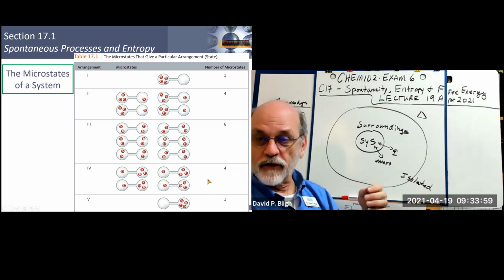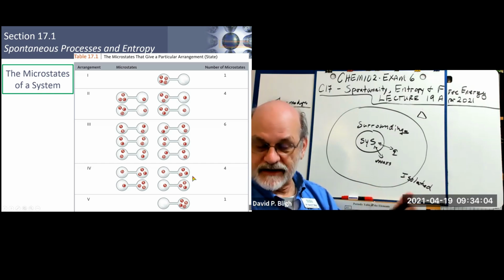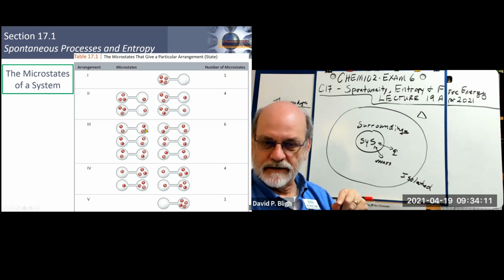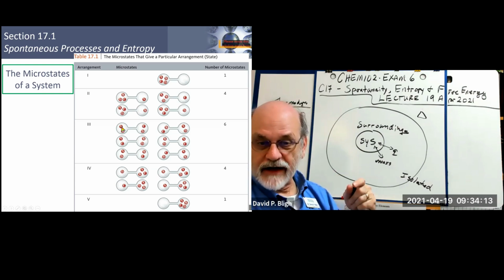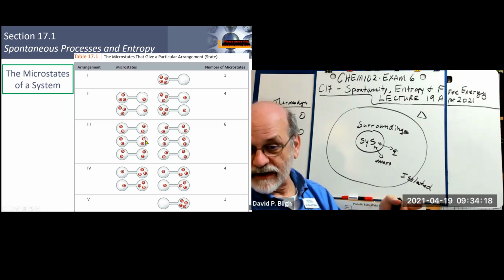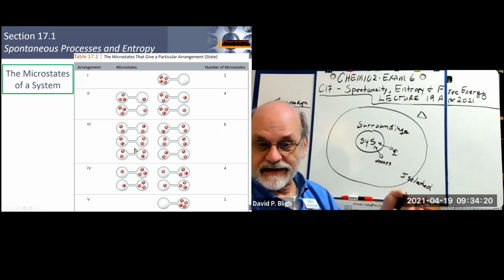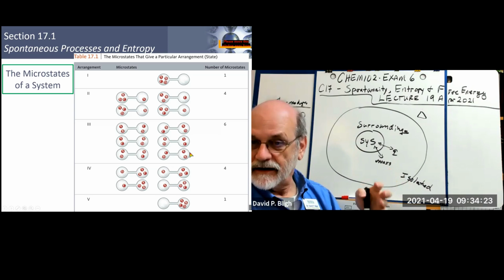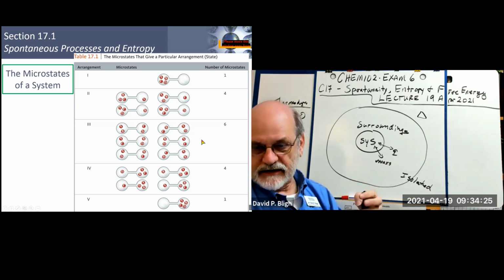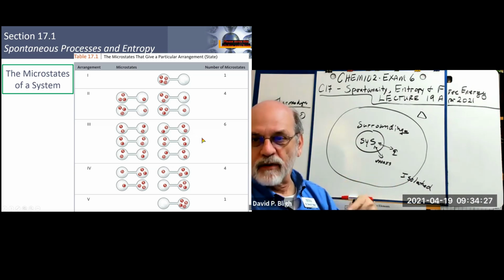Well, what if we move all 3 over and leave 1 behind? You have 4 possible states there, right? So it's 4 times as likely as these others. But what if we only move 2 over at a time? What could you have? Well, now you have AB and CD, but you could have BC and AD. You could have AC and BD, or AD and BC, or CD and AB. You have 6 possible states. This is the more probable because there are more possible microstates.